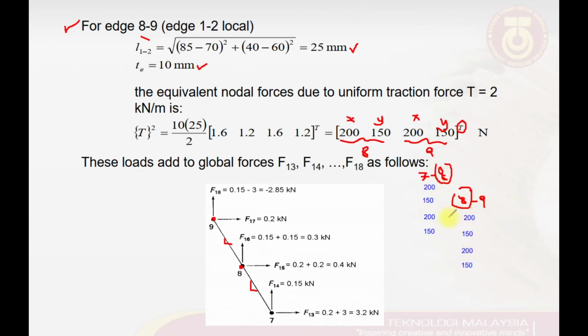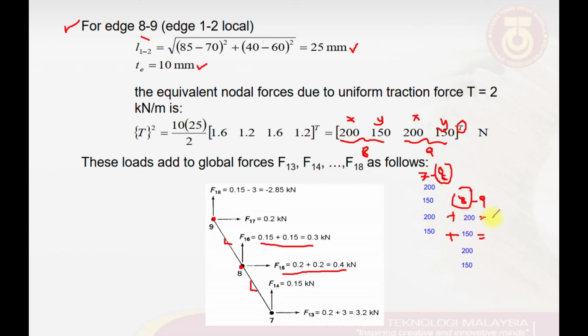So in this case the two values must be added. This is what we get, represented by F15, which is the force at node number 8 acting in the x direction, and F16, which is the force at node number 8 acting in the vertical direction, which is contributed from the summation between the two.